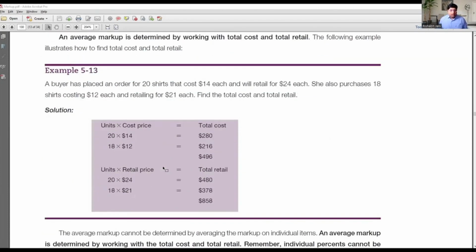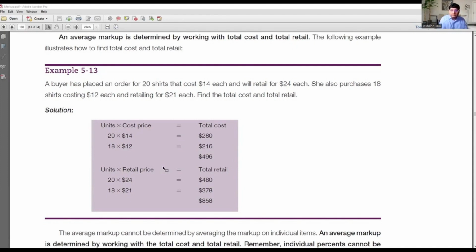So let's look at this example on our screen. This maybe explains it a little bit better. A buyer has placed an order for 20 shirts and the cost of each shirt is $14 and the retail value is $24. She also purchases 18 shirts at $12 and retails at $21.